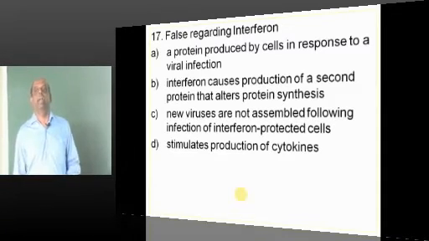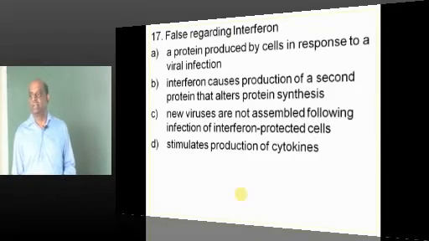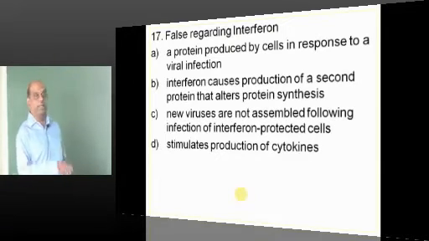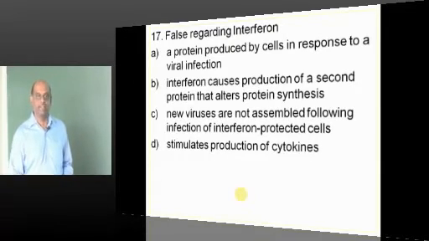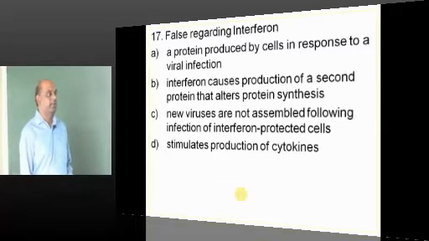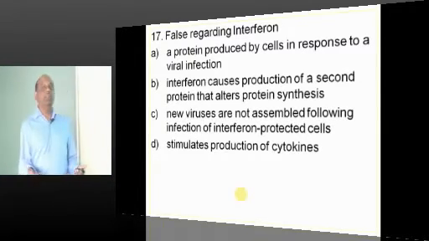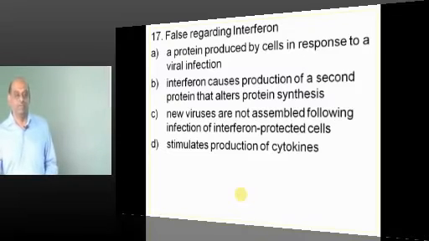That is how interferon will act. Alternative answer. Ramakrishna thinks interferon causes production of a second protein that alters protein synthesis. It directly doesn't. True. Nafis? C. Even Nafis thinks truth and truth alone. That's good.